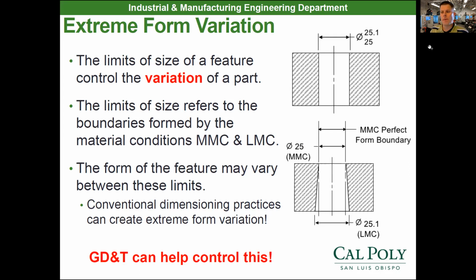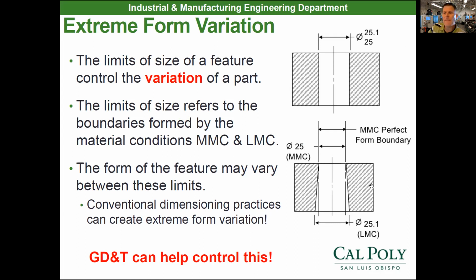So if I had this part right here, and it was this hole, made at 25.1 to 25.0, my maximum material condition would be when the hole's the smallest, when it's 25. My least material condition is when the hole's the largest, 25.1.